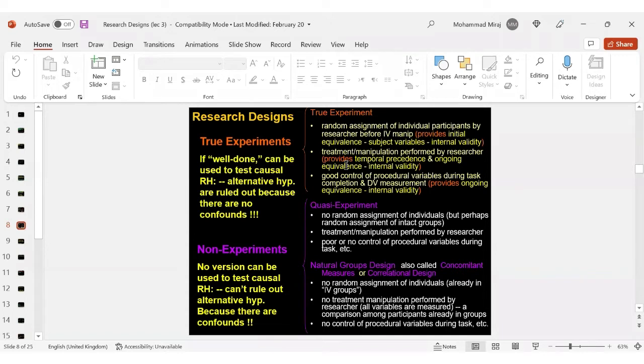Suppose I have taken an experiment where, after the vaccine, we see a difference in the menstrual cycle.